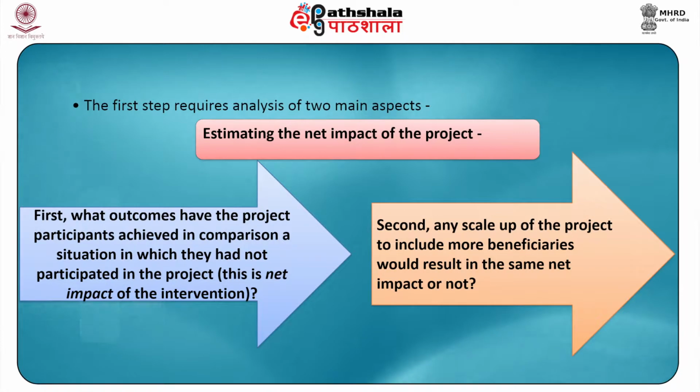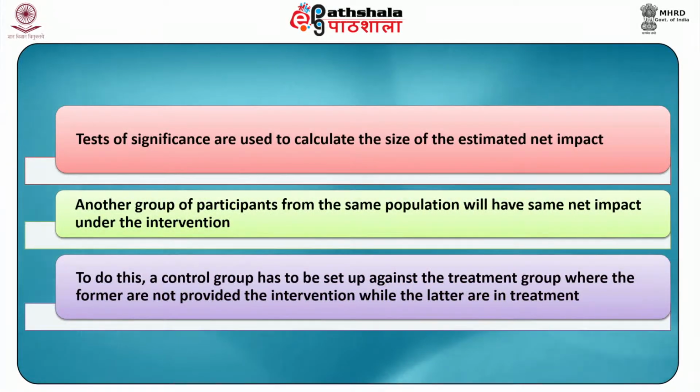Second, would any scale up of the project to include more beneficiaries result in the same net impact or not? Tests of significance are used to calculate the size of the estimated net impact.